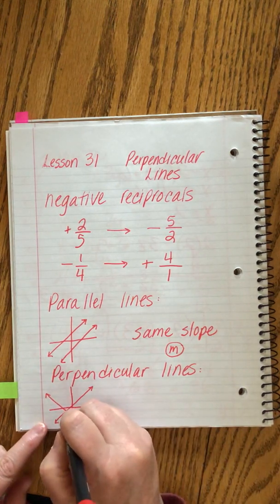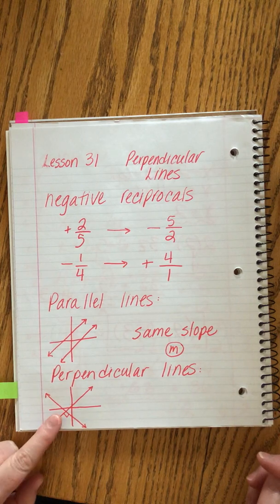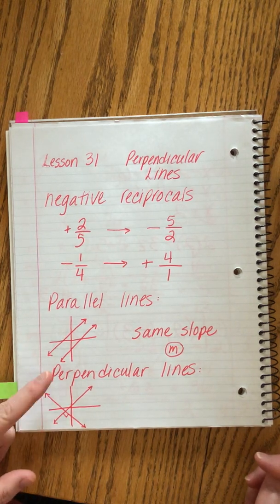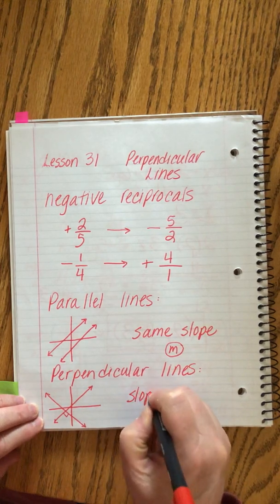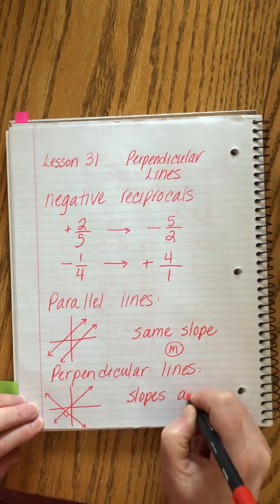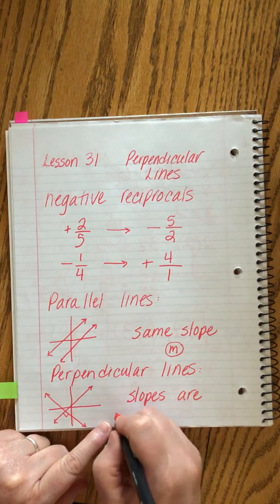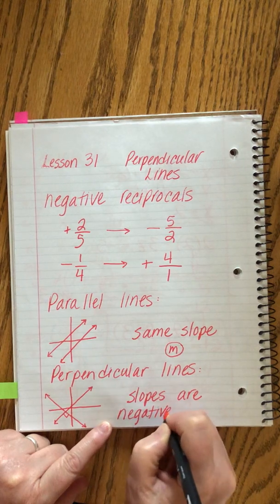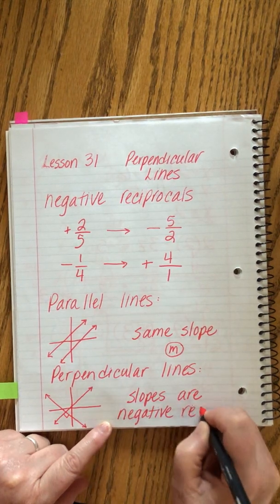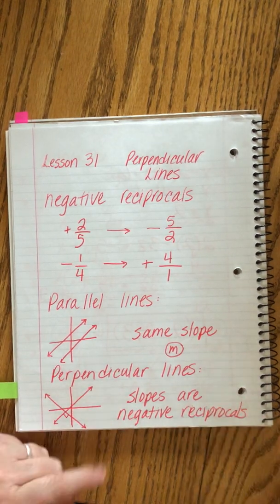They meet at a right angle, okay? When you have perpendicular lines, the two slopes of the lines that meet at a right angle are negative reciprocals of one another.